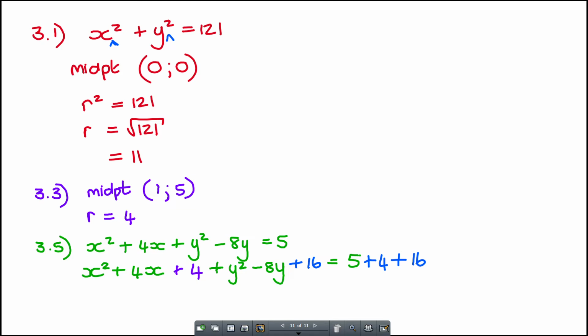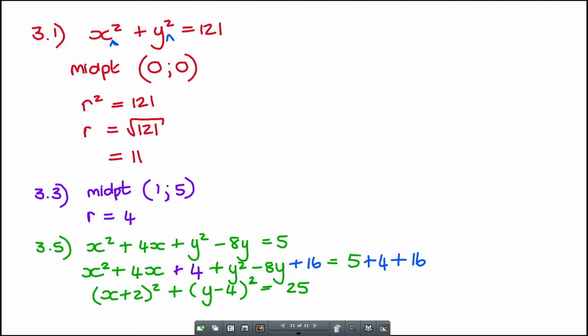Nee. Right? So if I go and factorize those, the first trinomial would be x plus 2 squared, and the second trinomial x minus 4 squared. And this radius will give me 25. No, or at least radius squared would give me the 25.